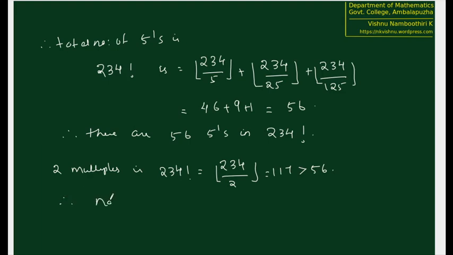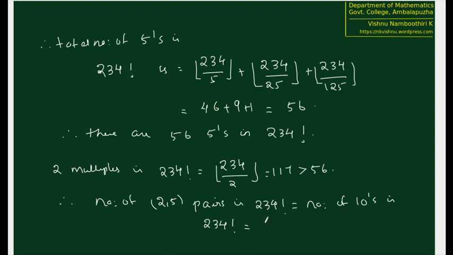Therefore, the number of 2-5 pairs in 234 factorial equals the number of 10s dividing 234 factorial. This is equal to 56. Therefore, 234 factorial has 56 trailing zeros in it. So we computed the number of trailing zeros in 234 factorial to be 56.